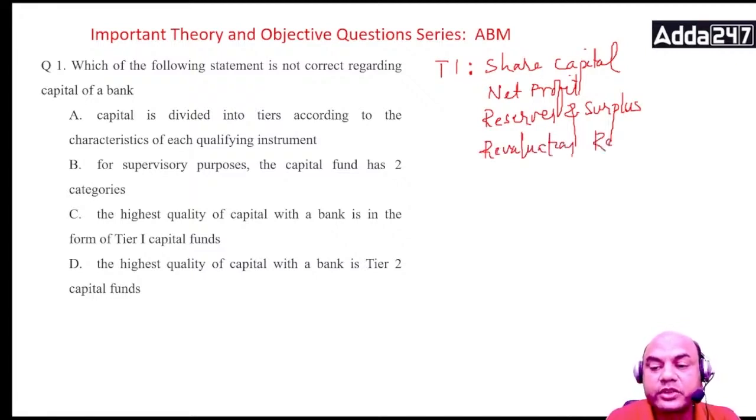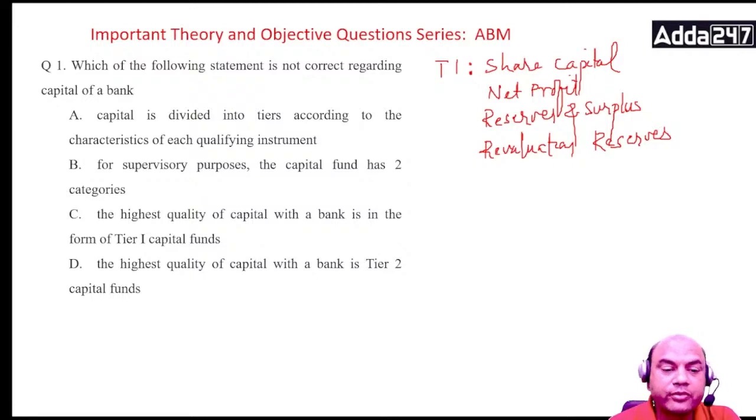It includes these four elements. Tier 2 capital is paid capital, meaning anything you get using loans. There are certain conditions to it, such as general reserves or general loans being taken at 1.25%. That is a separate aspect, we'll cover it some other time.